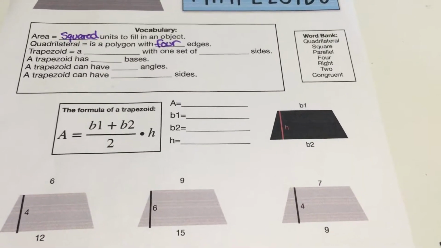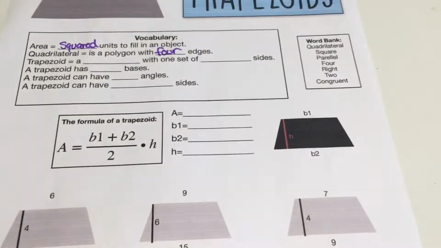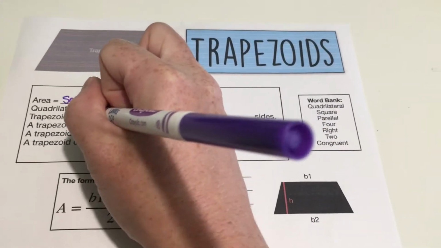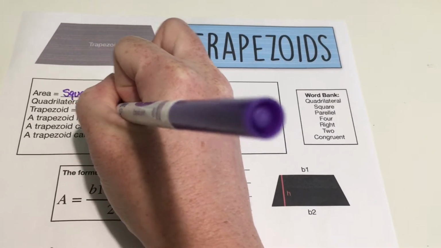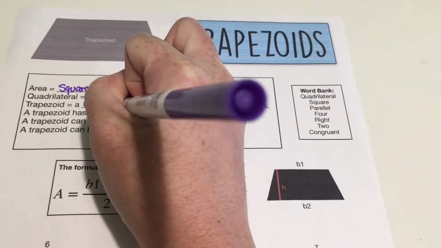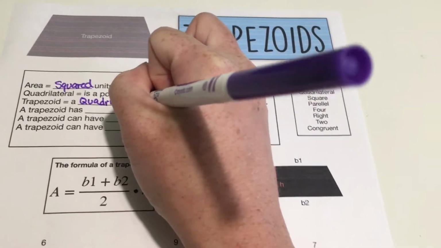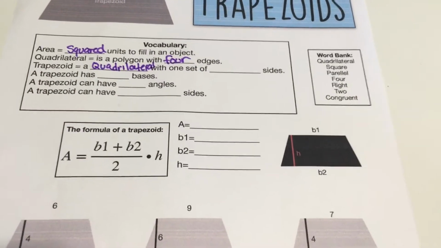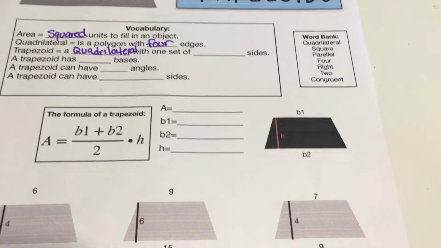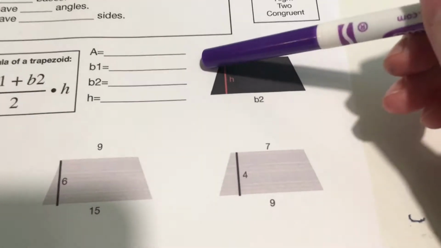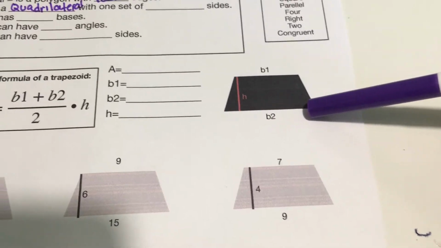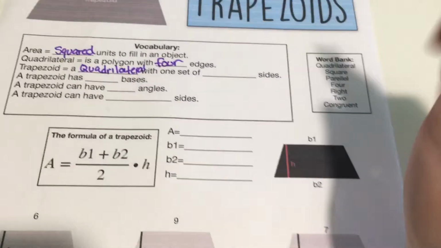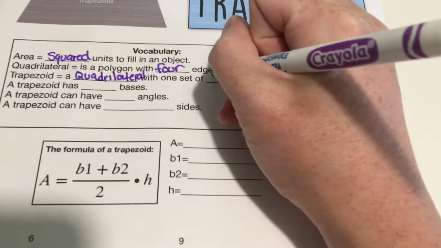So we know a trapezoid has 4 sides, so it is a quadrilateral, with one set of parallel sides. Now we know that our 2 sides on our trapezoid here are parallel to each other, so we're going to write parallel.